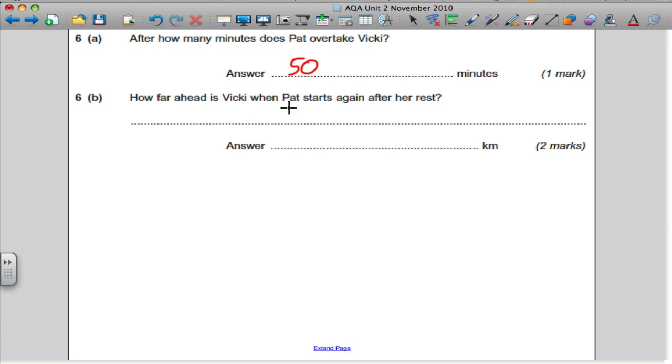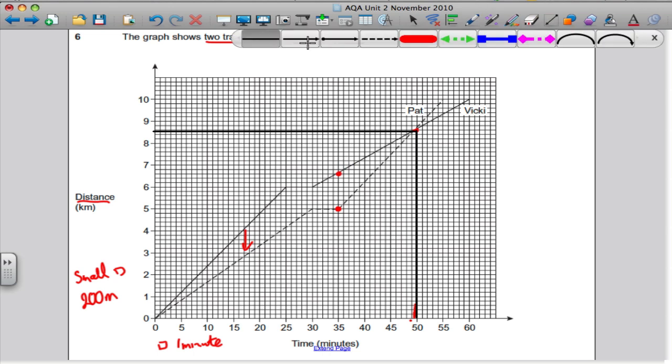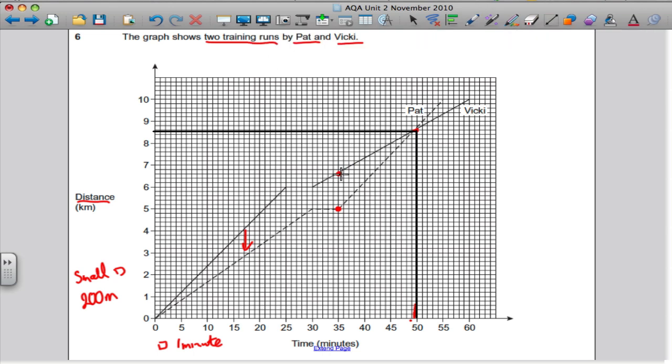How far ahead is Vicky when Pat starts again after her rest? So where does Pat start again after rest? This is Pat's line here. This is her rest. She starts again at this point, and the question is, how far ahead is Vicky? Well, Vicky is at this point here, so we'll draw some lines across to see the distance here and the distance here.